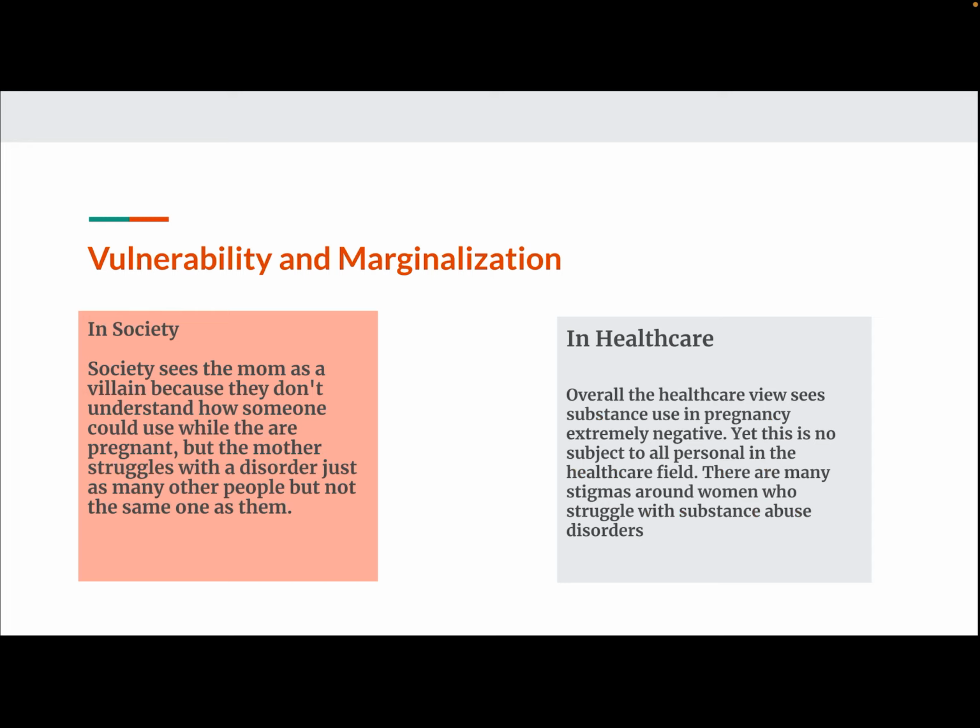It's just a different type of struggle, but it still is a struggle, and people will compare them and see using drugs or substances during pregnancy as worse than other things such as mental health disorders.